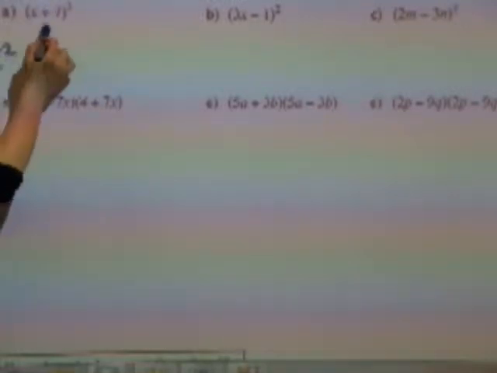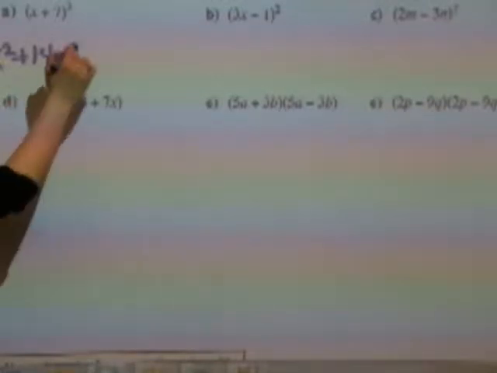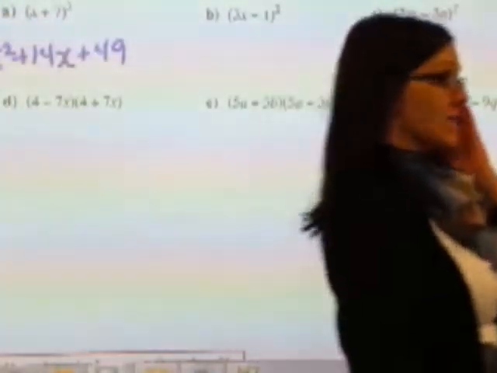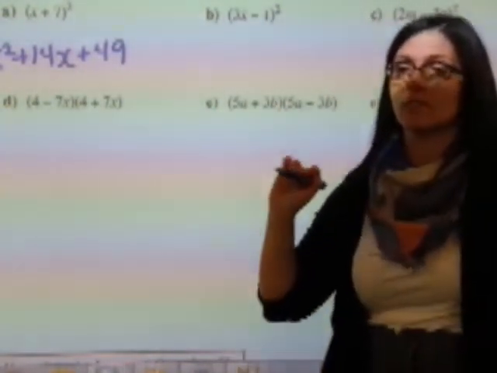And then multiply the two together, which would give me 7x. Double it, 14x, and then square the last: 49.